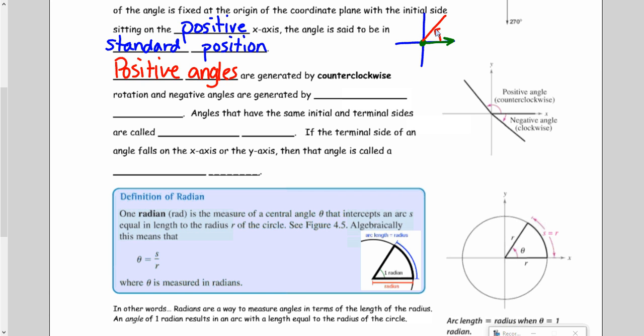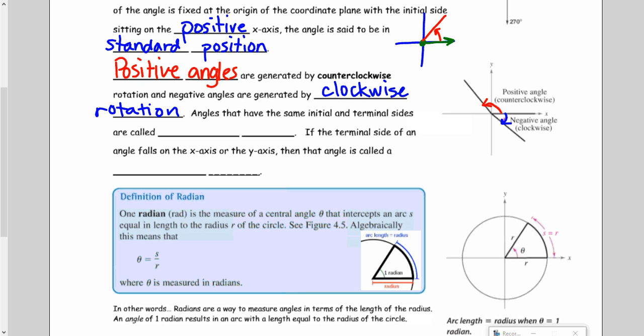I put a little arrow on the top of that arc to show the direction that I'm turning. So positive angles always turn counterclockwise. Negative angles turn clockwise.